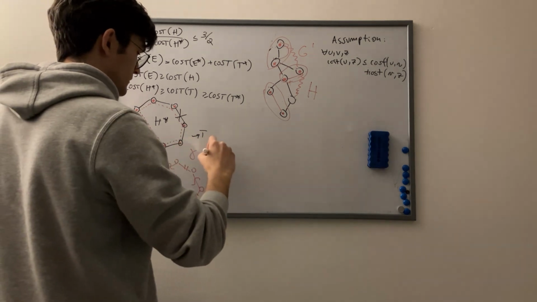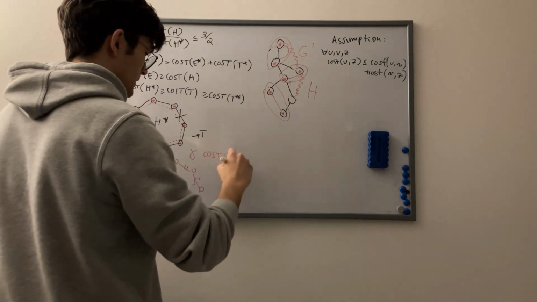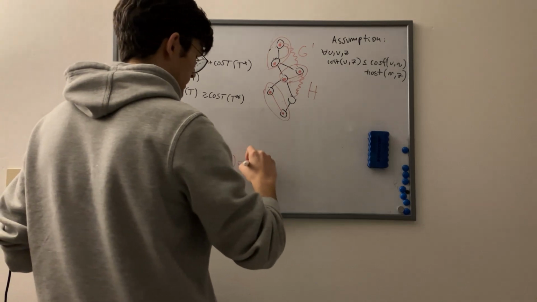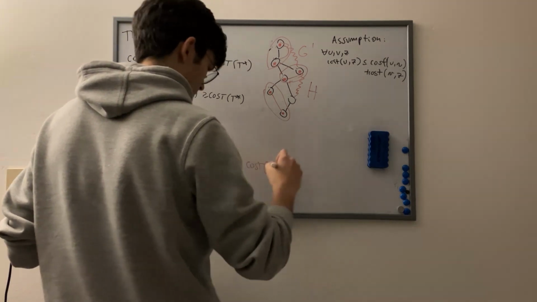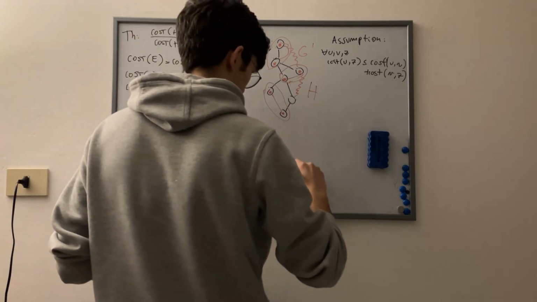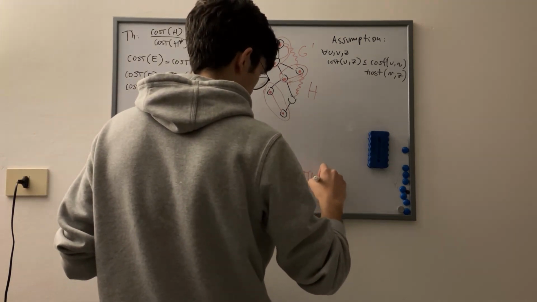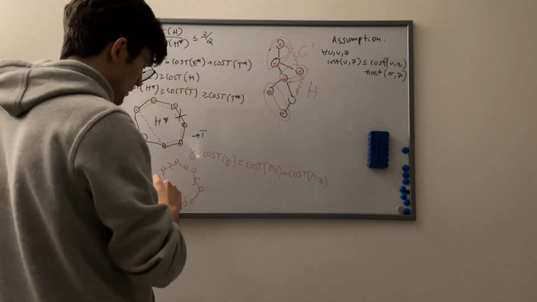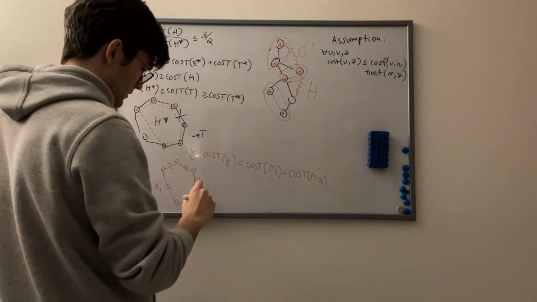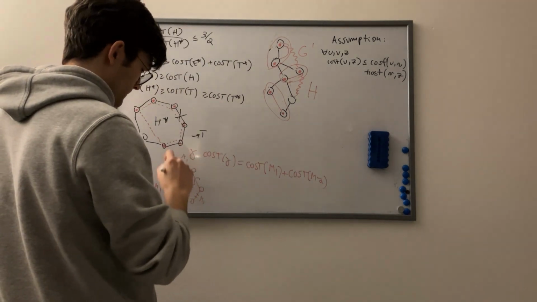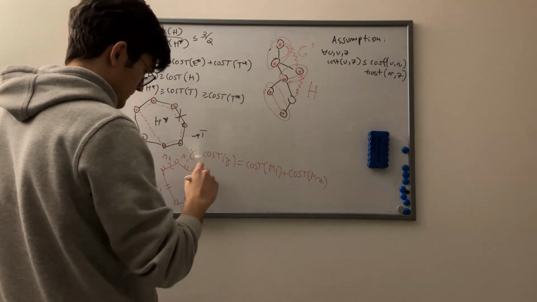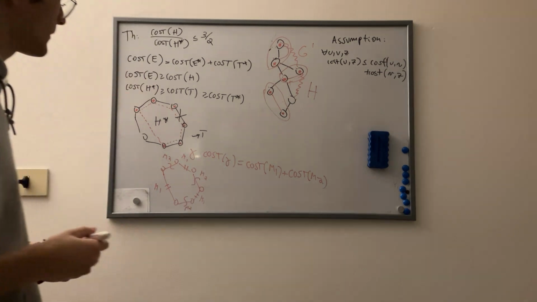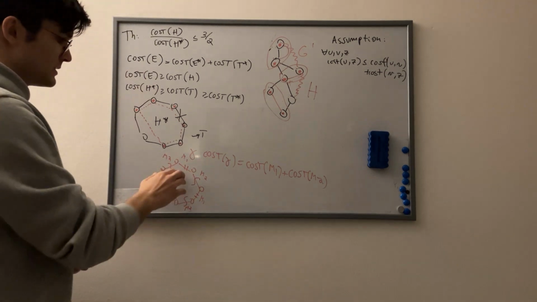We have that the cost of gamma is for sure equal to the cost of M1 plus the cost of M2, where M1 and M2 are these matchings here.